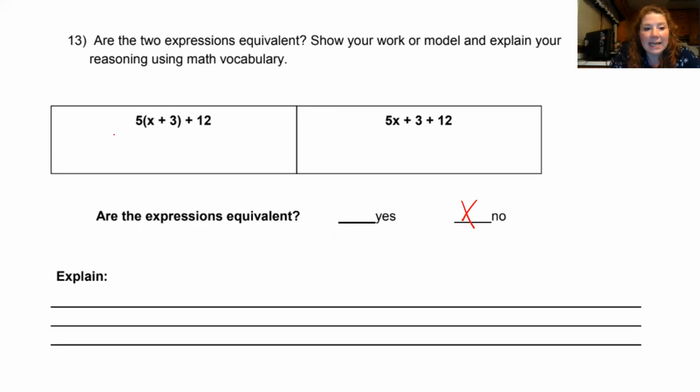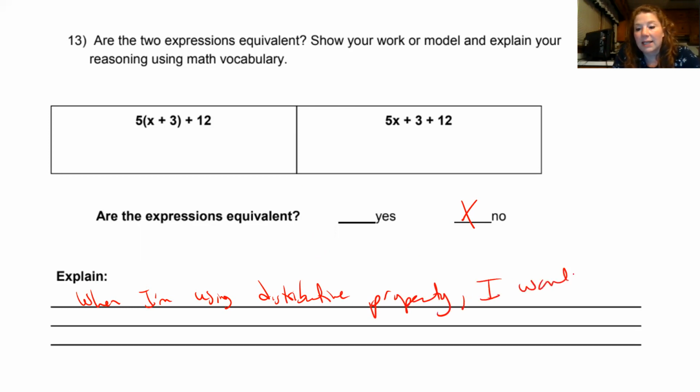So when I explain it, I would say when I'm using the distributive property, and then I'm going to show what I would get. I would get 5x plus 15 plus 12. And then when I combine like terms, I would get 5x plus 27.